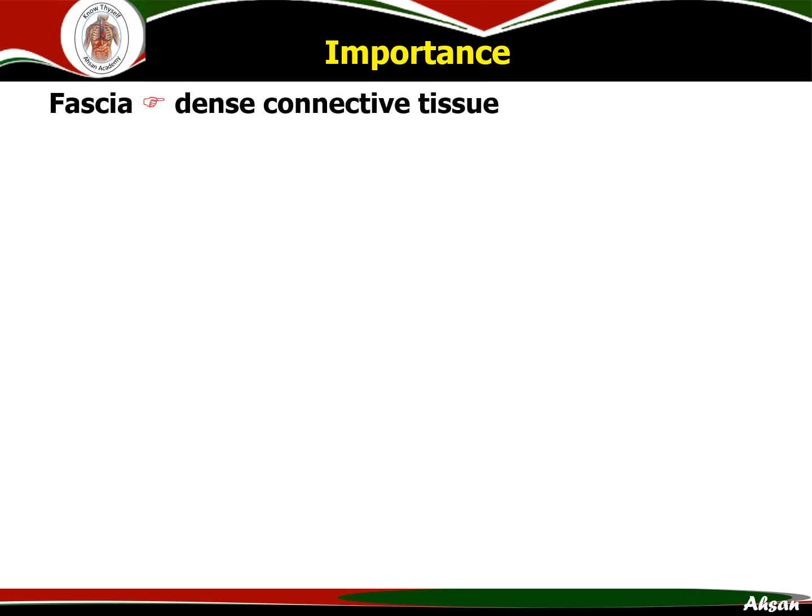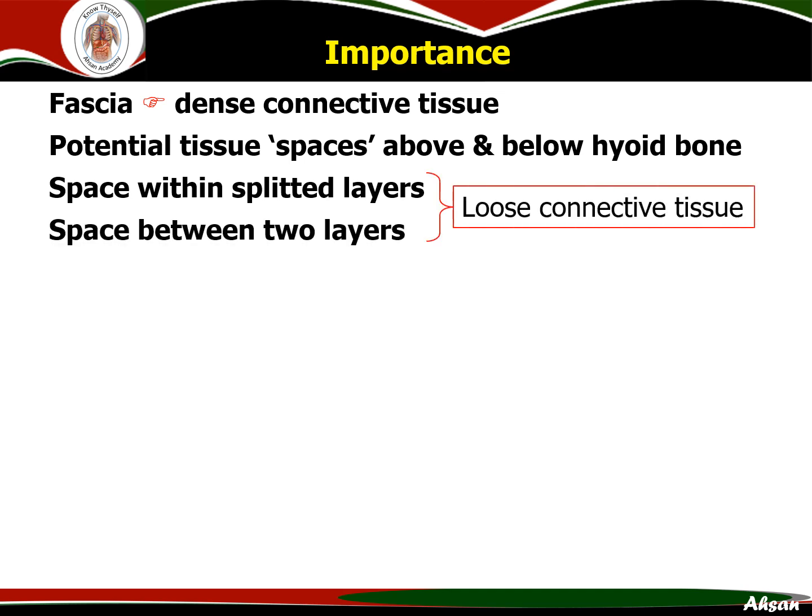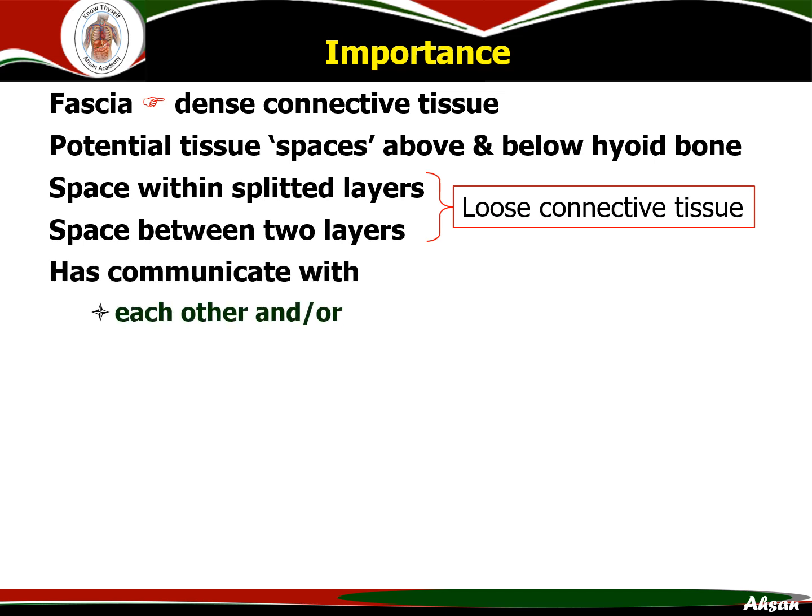The fascia of the cervical region, meaning the deep fascia of the neck, is dense connective tissue, and there are potential spaces above and below the hyoid bone. This potential space lies within the split layer of one type of fascia or between two layers of the fascia, and it contains loose connective tissue. So they have connections with each other and also with the axilla and the thorax.